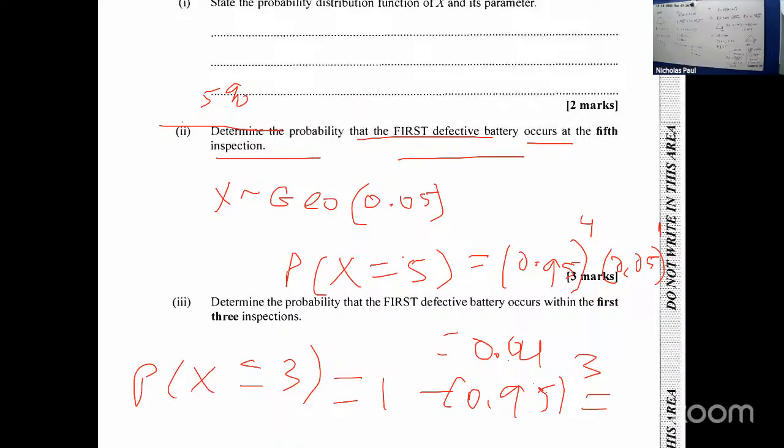What y'all got for this one? 1 minus 0.95 all cubed.